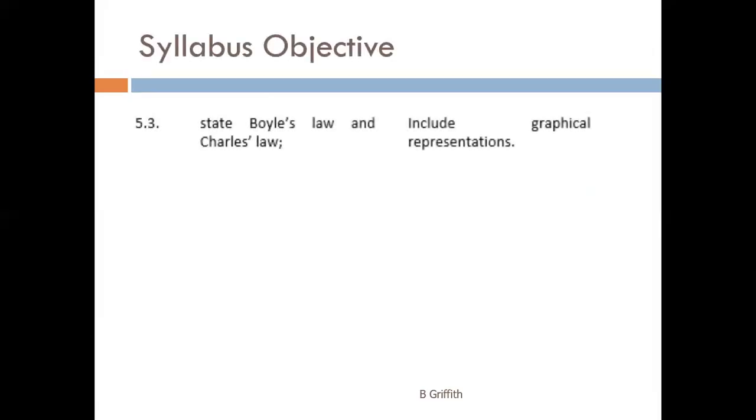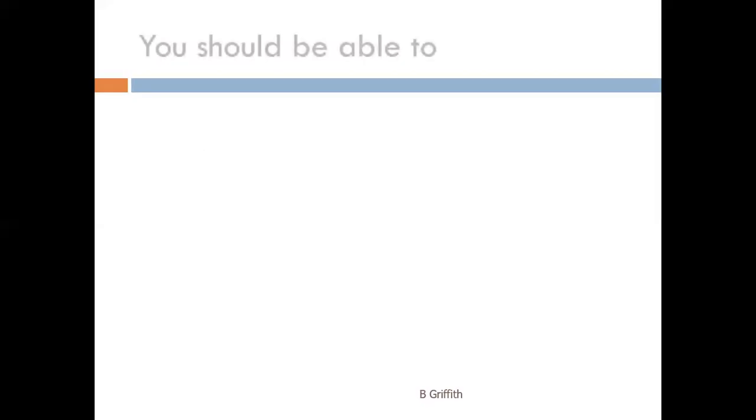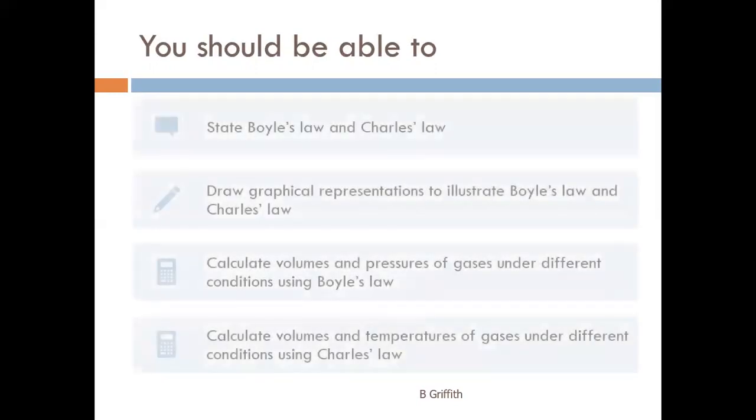Syllabus objective 5.3, and I've skipped 5.2 a little bit, I think, is asking you to state Boyle's law and Charles' law, including graphical representation. I'm just going to go through this because it's fairly straightforward in terms of what the laws are. You can look in your textbook, or use some of the definitions presented here.